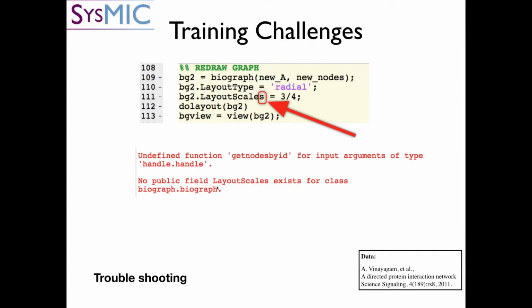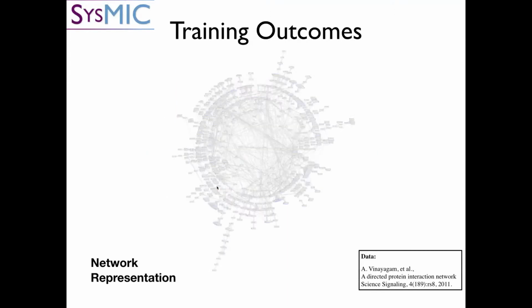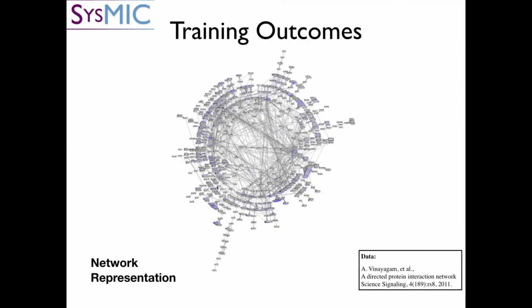It turns out that the S in layout scales needs to go, and that this is what causes the error message, which is written in red here, and which probably doesn't give a lot of information to those who don't know MATLAB already. So we need to do troubleshooting and find out what's going on, and then we can correct this. And what you will get, if you execute this code, is all the data displayed in front of you on your screen.